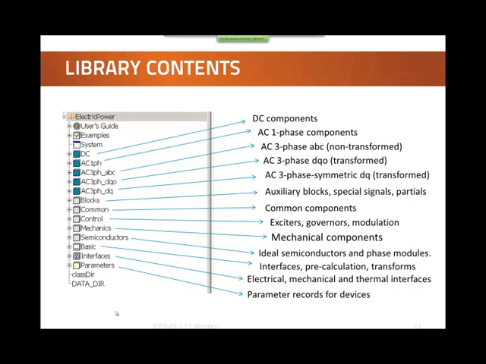In the interface, of course, we have the stream connectors and interfaces in all domains: electrical, mechanical, and thermal. And in the parameters, there are some predefined parameters for certain devices. So let's look at that later on.